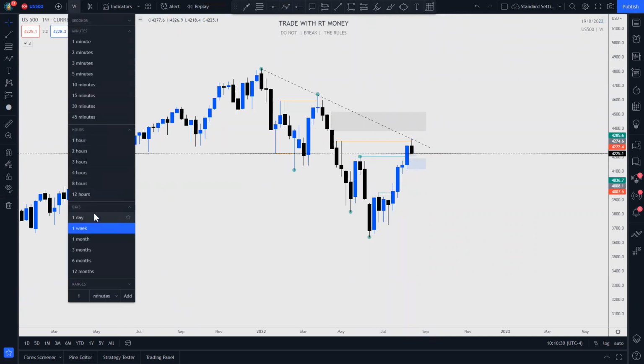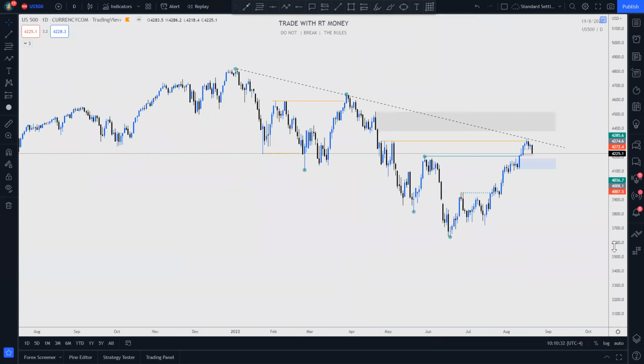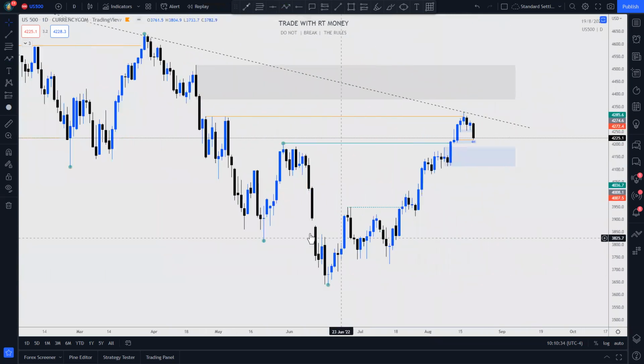If we go to the daily and we see this price action a little more clearly, you can see this is a substantial pullback. For me, that's why I have it marked as a swing low and swing high. And when price breaks that, that's significant. If you've been watching my videos, you'll see that I had this as a zone of supply.